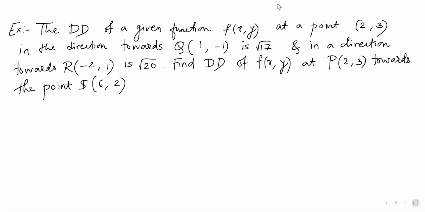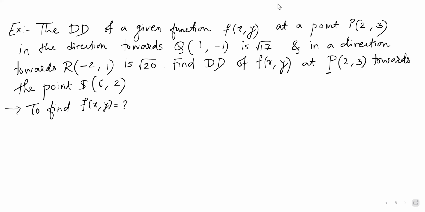The function is not given. But what they have given is the directional derivative at the point P. So this point is nothing but your P, (2, 3). To find the directional derivative, f of x y is needed, then only the things are possible.